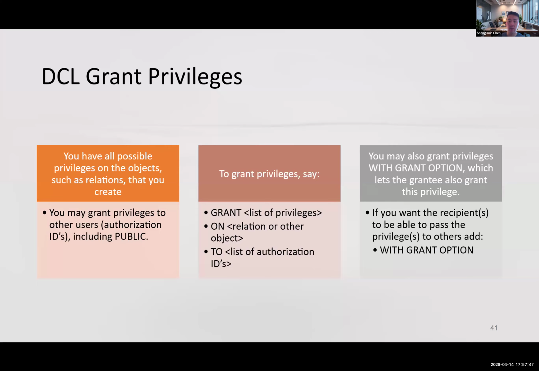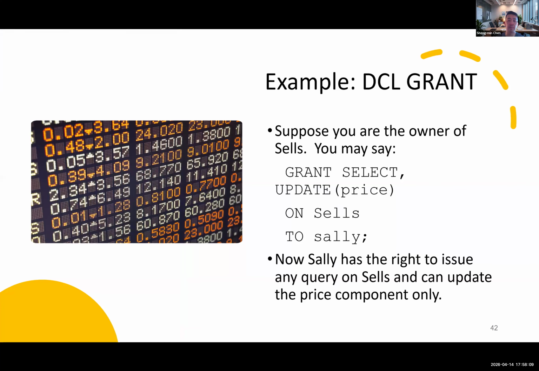Now, the keyword to grant and revoke is simply GRANT, and then you specify the relations, which is select, insert, or whatnot, ON the objects, TO the role or the ID of the user. This is the example.